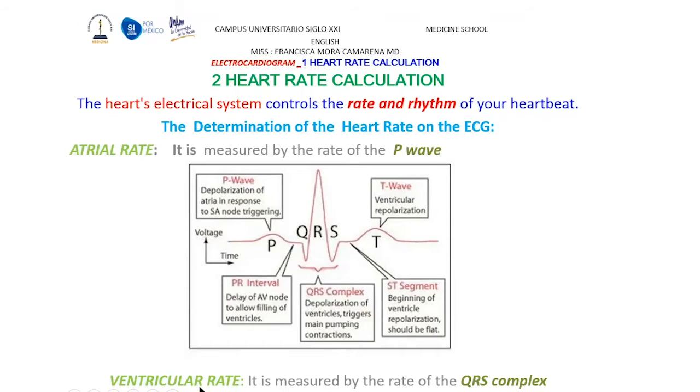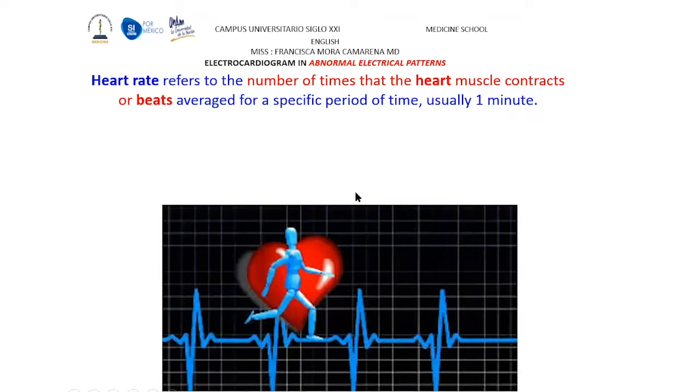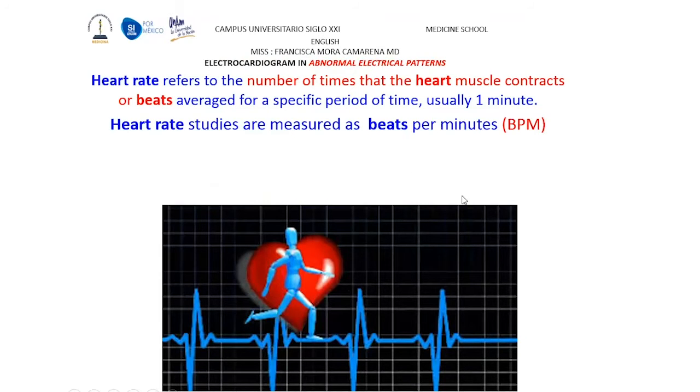If we are considering the ventricular rate, it will be measured at the rate of the QRS complex. The heart rate refers to the number of times that the heart muscle contracts, averaged in a specific period of time, and we usually use per minute. So we said we will measure the beats per minute.